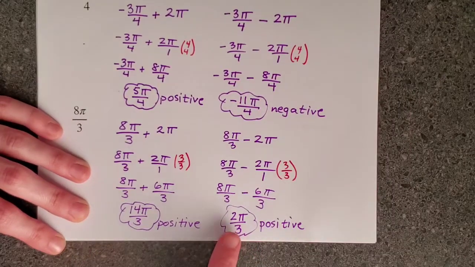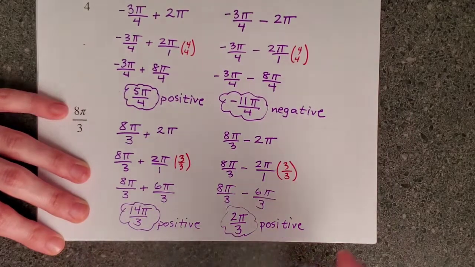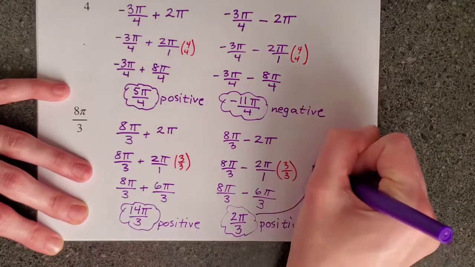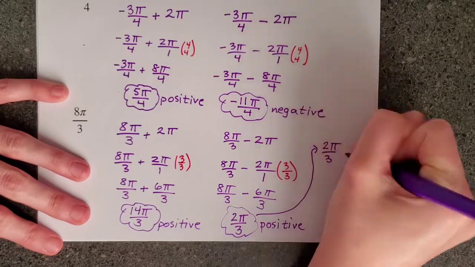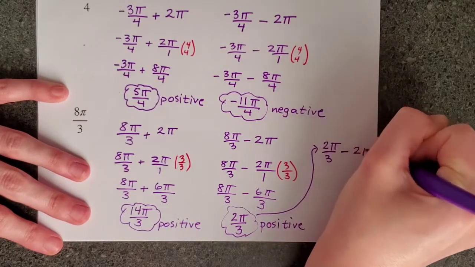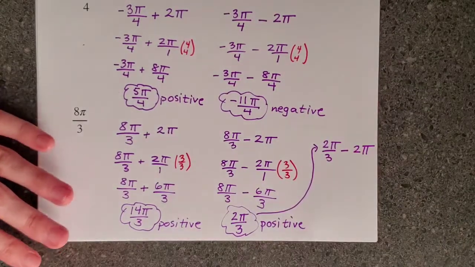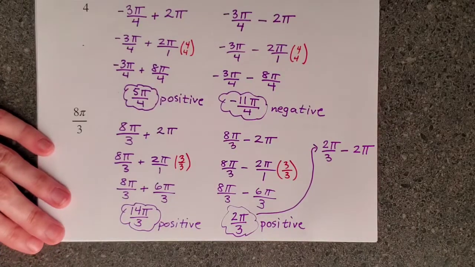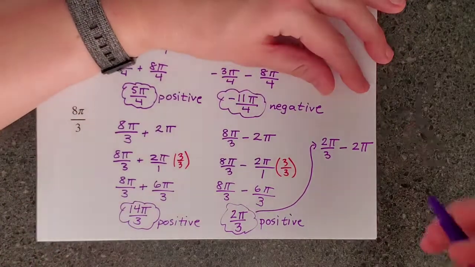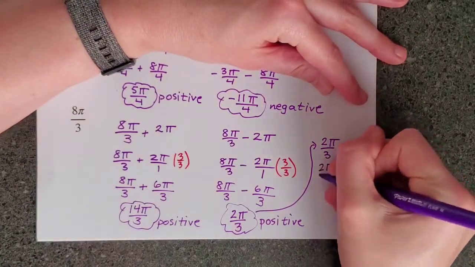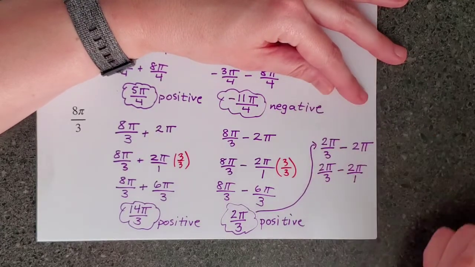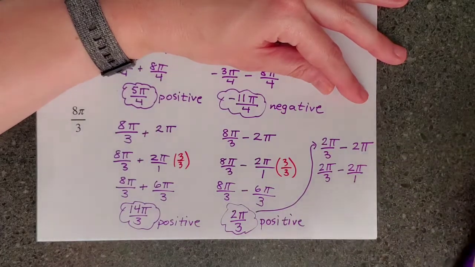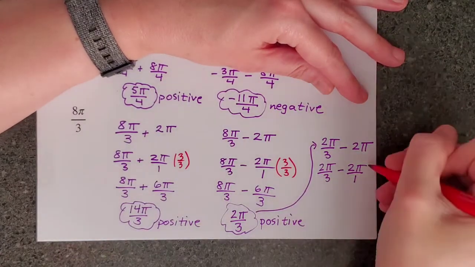So I went around once, but it wasn't yet negative. So I'm going to have to take this angle that I landed on and subtract again. So I'm going to subtract another 2 pi. That's like going around an extra 360. So same thing, fractions of 1, and then common denominators.